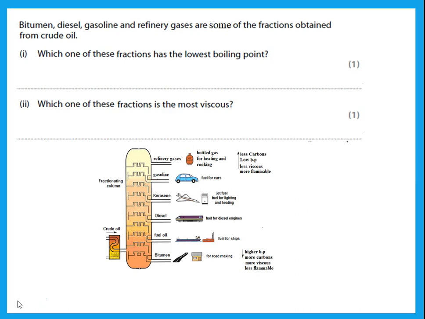So we said when we have this in the fractionating column, the ones at the top are the ones that have less number of carbons, lower boiling point, less viscous, more flammable. So if he says which one of these has the lowest boiling point, you're looking at which one of these is at the top of the fractionating column. So that is the refinery gases.